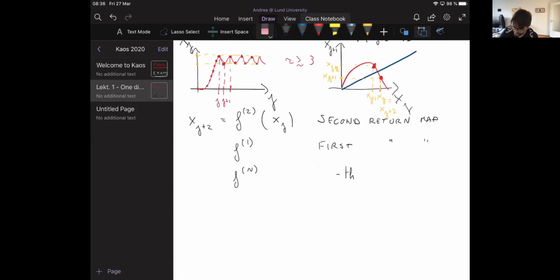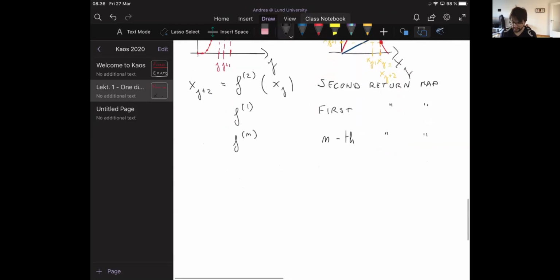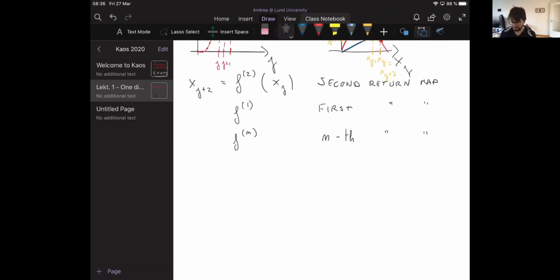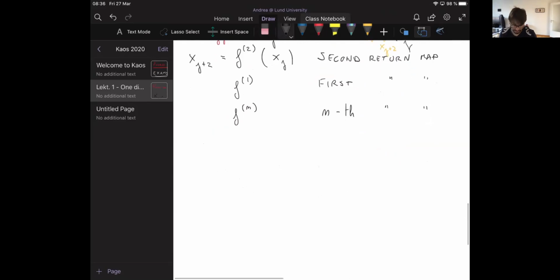Let's use lowercase because uppercase, I used it for the population. Nth return map, okay? So you have first, second, third. You can have whatever return map you want.